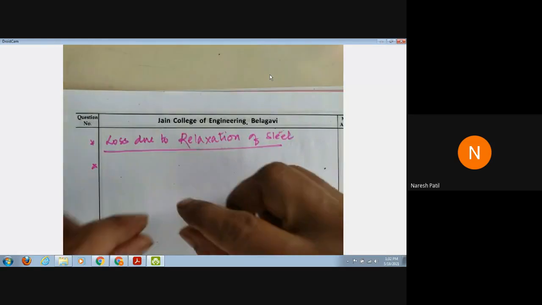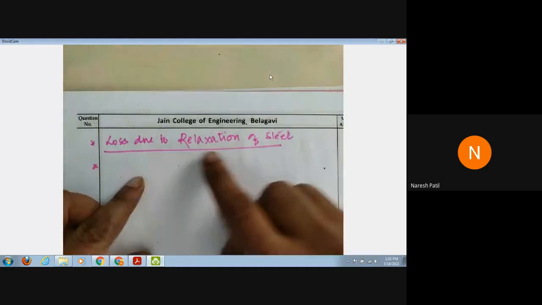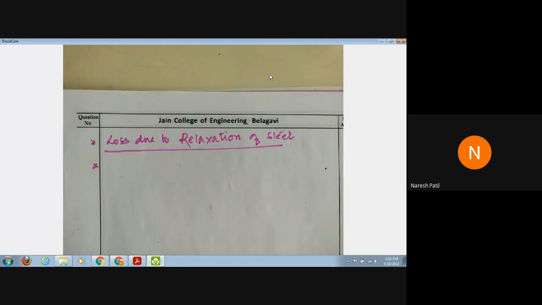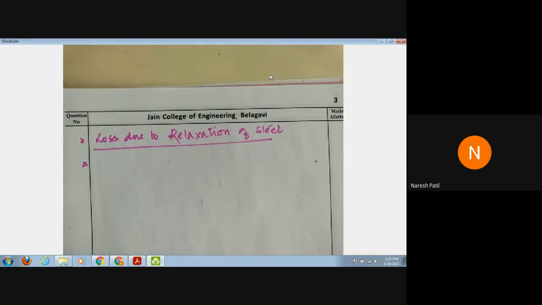The tendon will be stretched for longer duration. The tendon may feel creep in its material. So the steel will feel relaxed, and therefore there will be loss due to relaxation of steel.